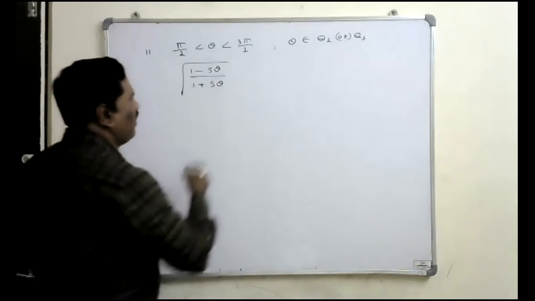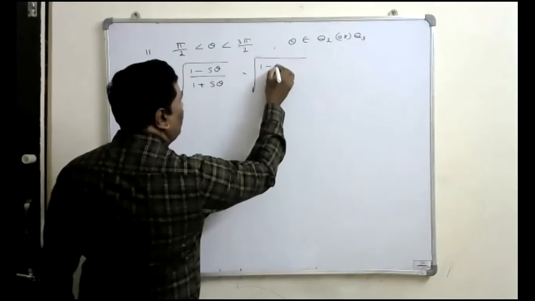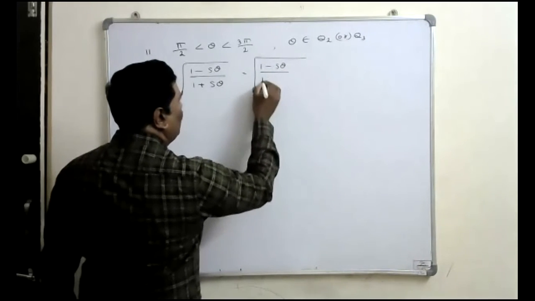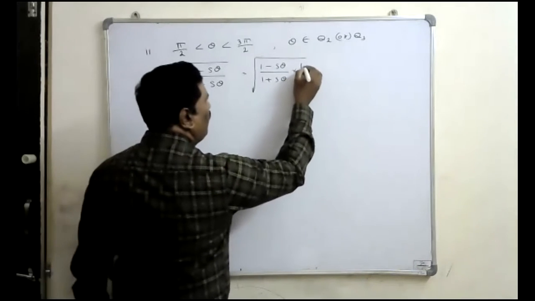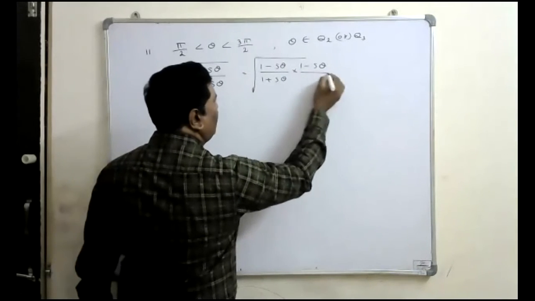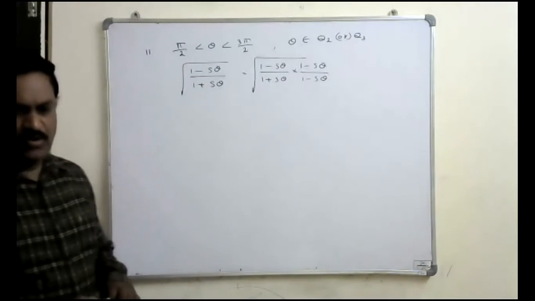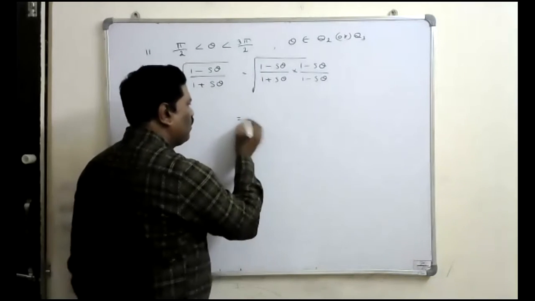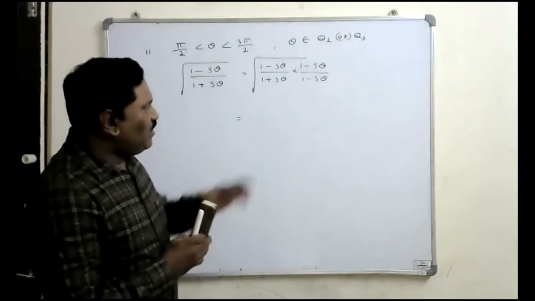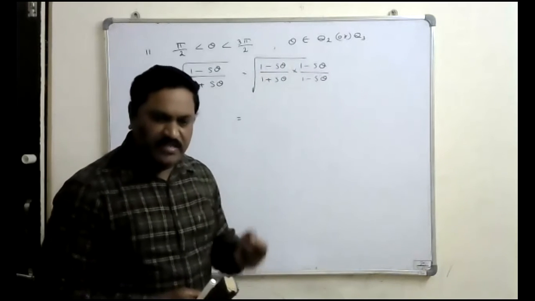Now we have to simplify this. Here we have under root 1 minus sine theta upon 1 plus sine theta. Within the square root, multiply and divide by 1 minus sine theta. In the numerator, 1 minus sine theta into 1 minus sine theta is 1 minus sine theta whole square.